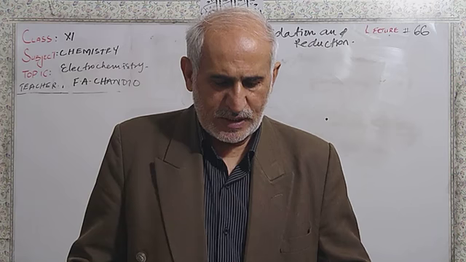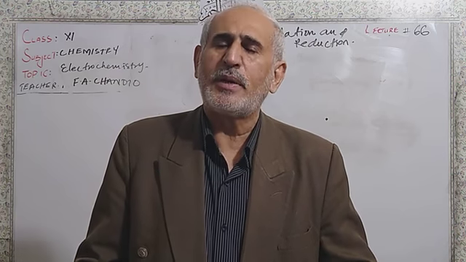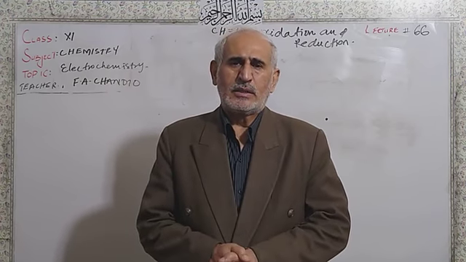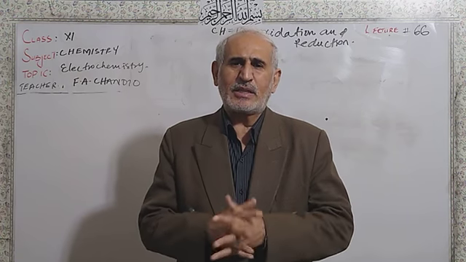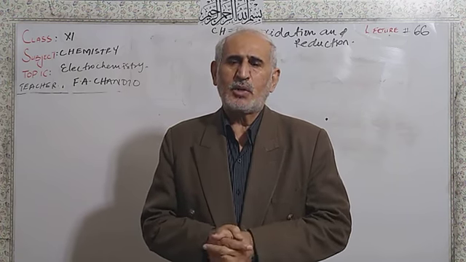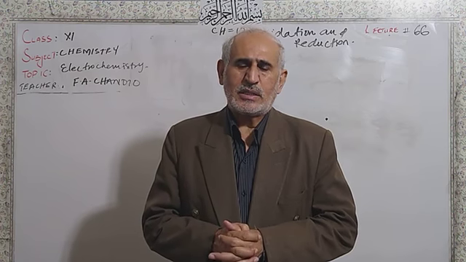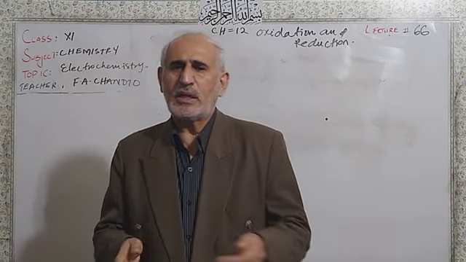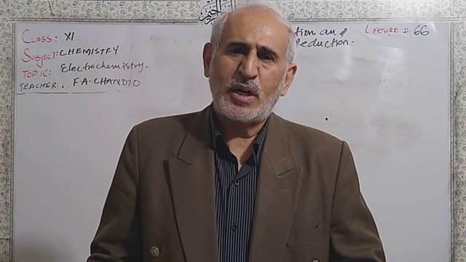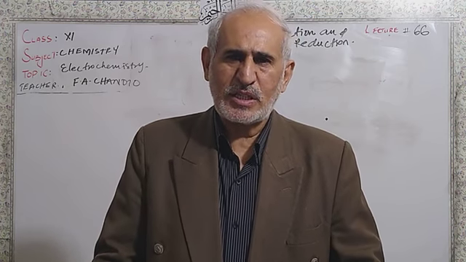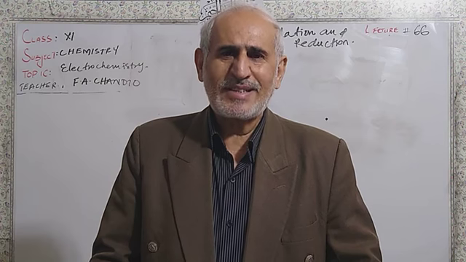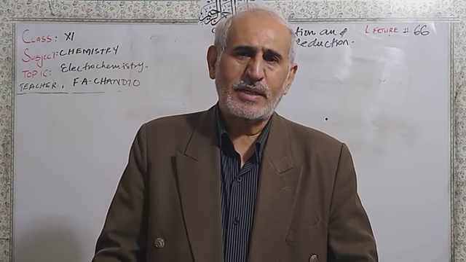In the electrolytic cell, electrical energy is changed into chemical energy, which means we have to continuously give energy to drive the oxidation and reduction reactions. These cells involve non-spontaneous redox reactions, and energy is continuously supplied, so they are called electrolytic cells.